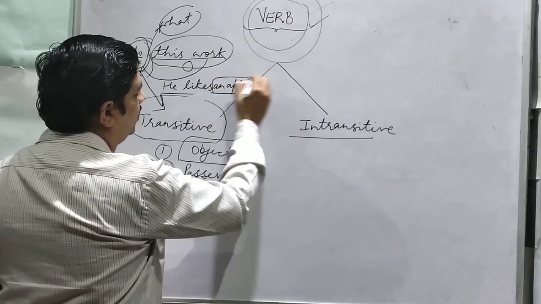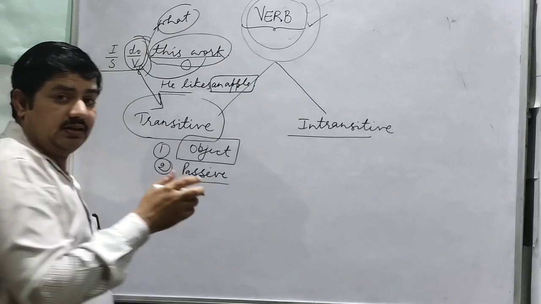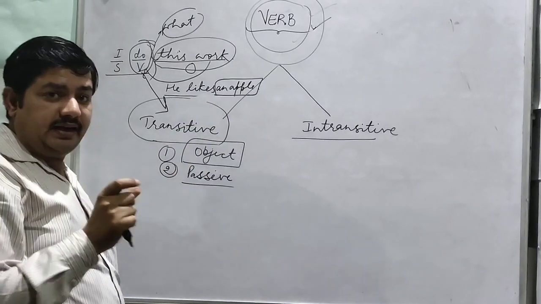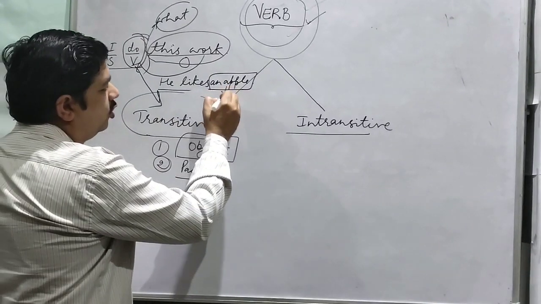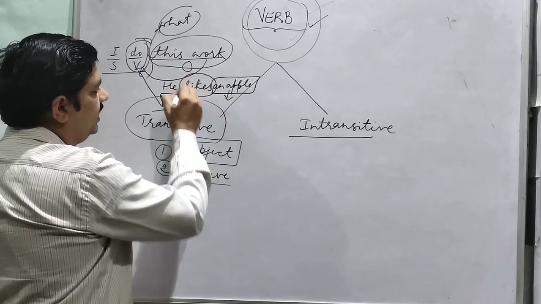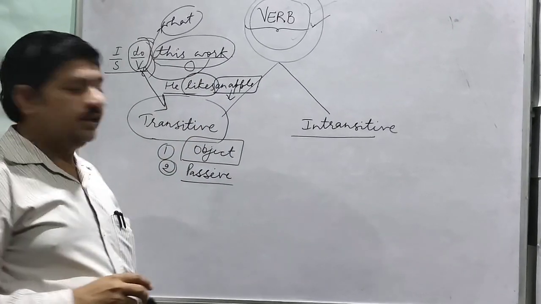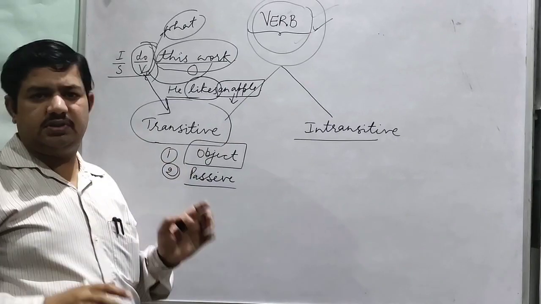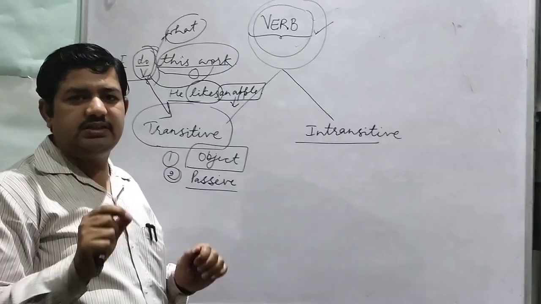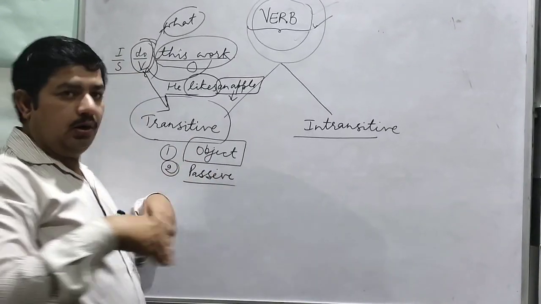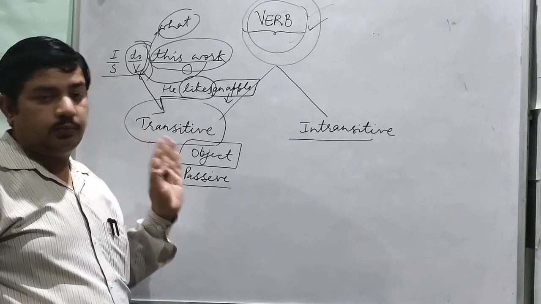Because of this apple, because this is the object, we get a clear idea that when there is an object, the preceding verb is transitive. This is a very easy way I have told you to find a transitive verb.